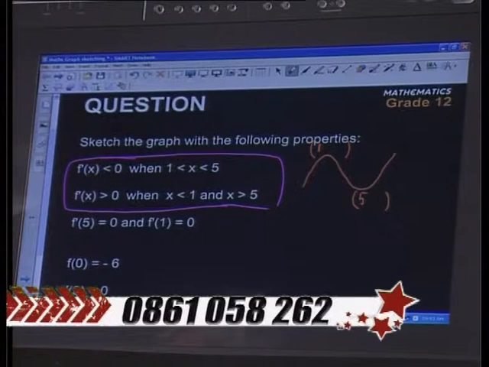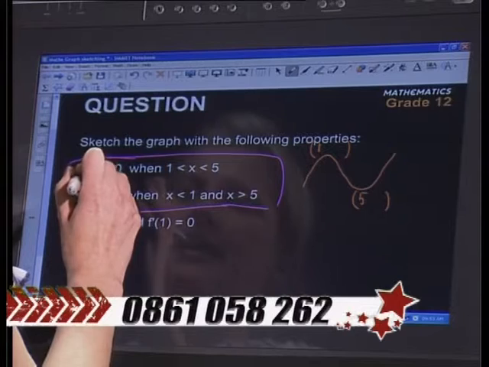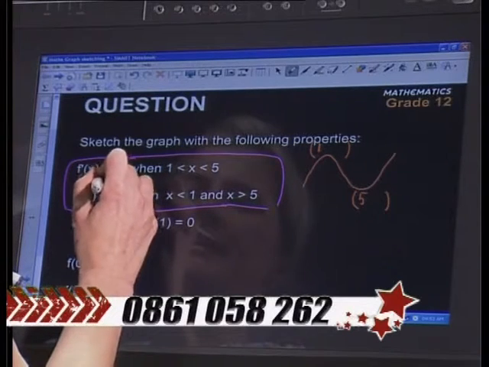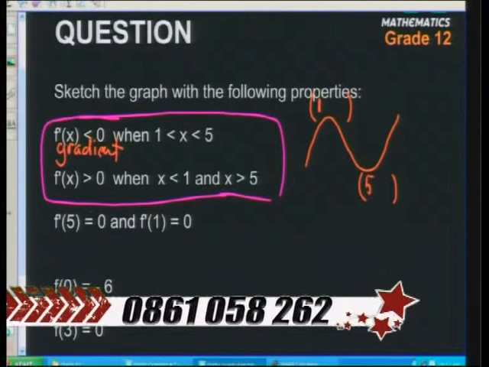Does that make sense to you? Okay. F dash x is gradient. Gradient is slope. So a negative gradient means downhill. A positive gradient means uphill. So the first bit of information tells me that the graph is going downhill between 1 and 5. Are you happy with that?